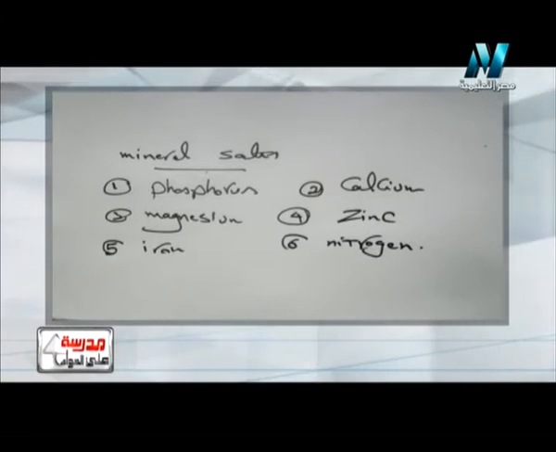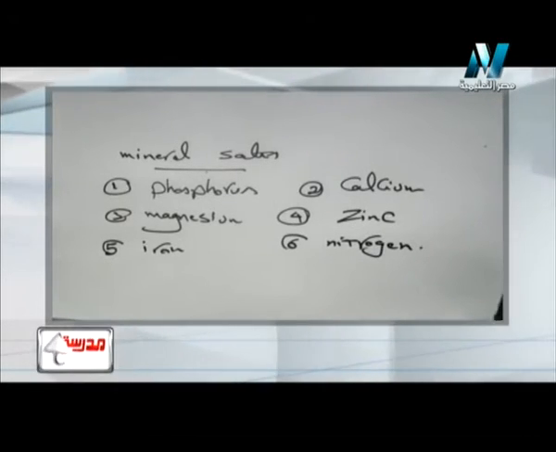So what is the structure of any plant? The plant consists of 2 main parts, which are the root system, which we'll study in detail today, and the shoot system, which we'll study in another stage, preparatory or secondary. Today we will focus on the root system, which absorbs the water and mineral salts from the soil.